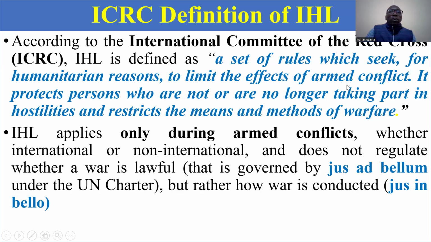This is just what we saw in the introduction. Because of humanitarian reasons, we want to give people food, we want to give people shelter, we want to limit the effects of war, of armed conflict. So it protects persons who are not or are no longer taking part in hostilities, and restricts means and methods of warfare. That is the definition of the International Committee of the Red Cross.